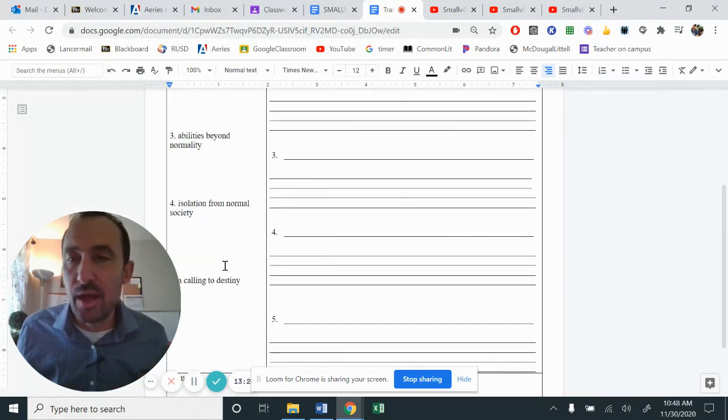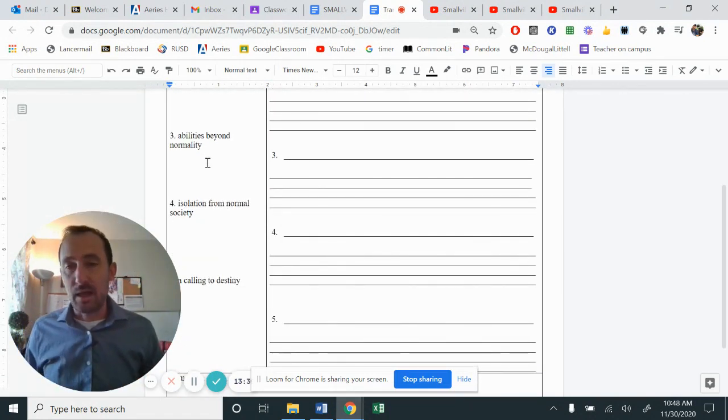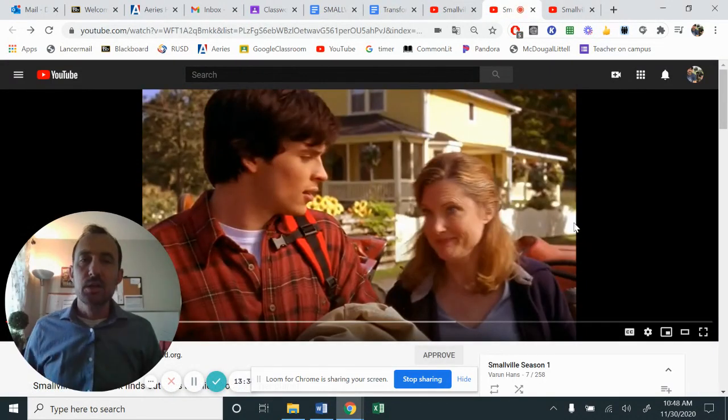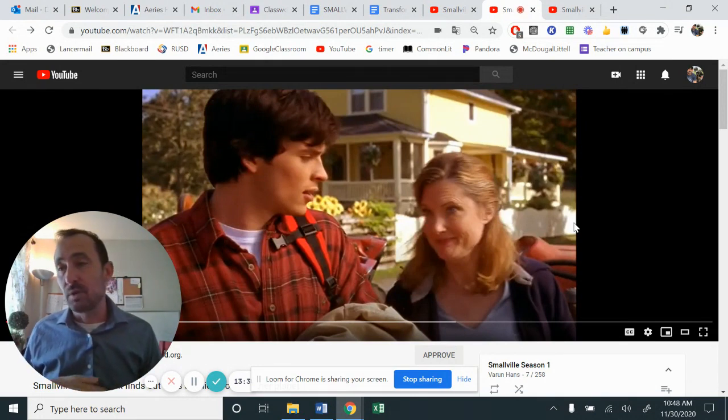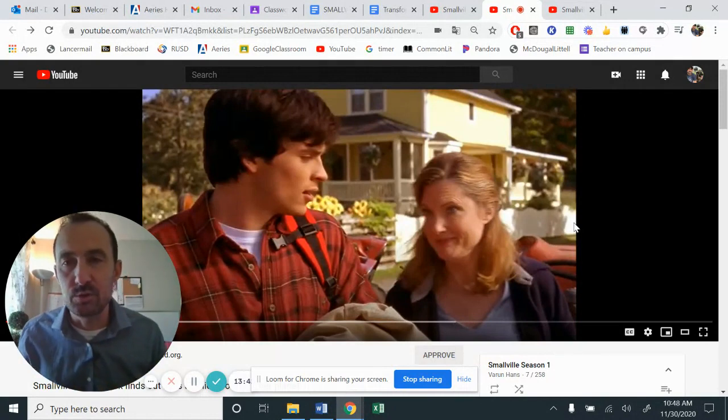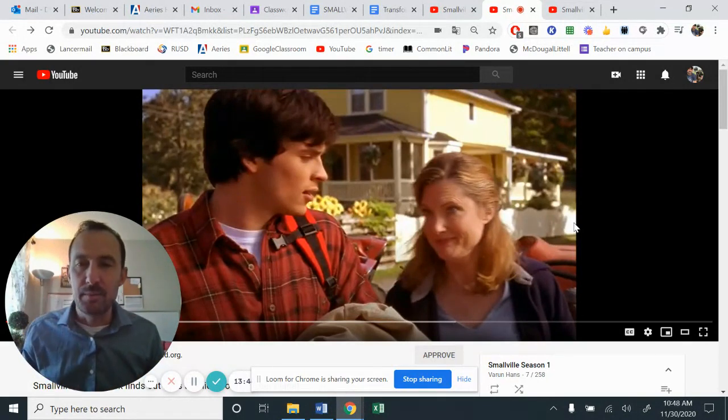The next thing that you have are abilities beyond normality. In the Smallville clip that you're going to find here, Clark has saved Lex Luthor when his car fell into the river. If you want to watch this full episode, you can find it on YouTube. It's Smallville, season 1, episode 1, or just follow the links and you can find all of them.